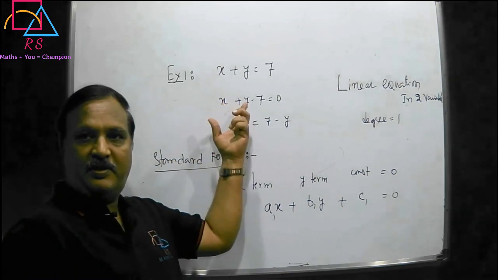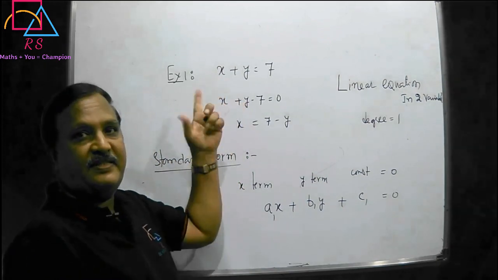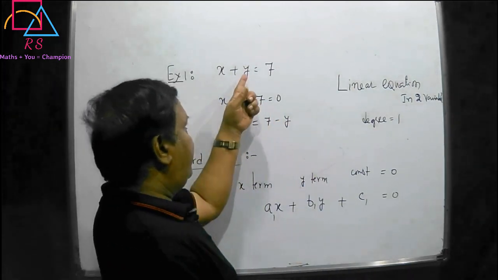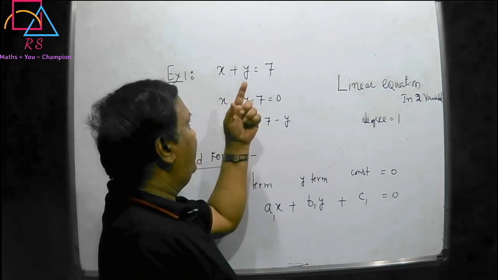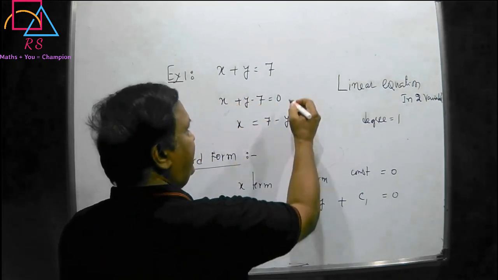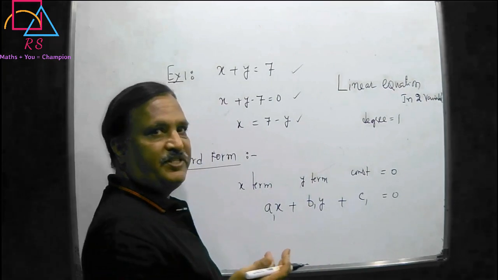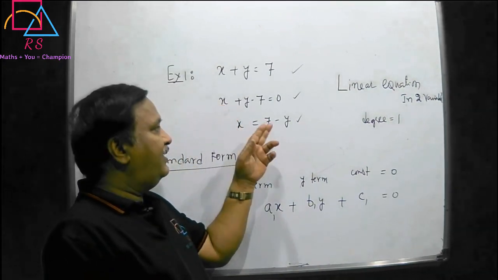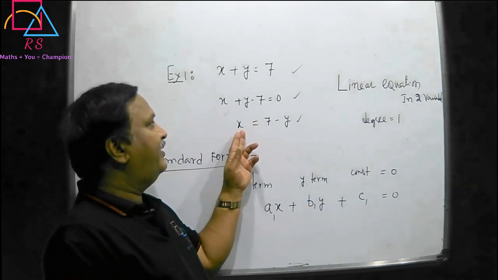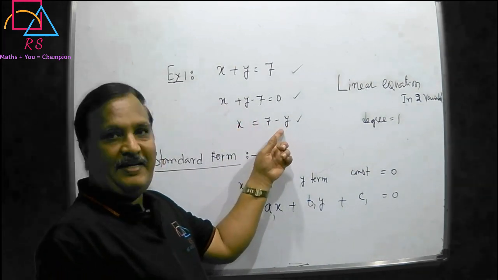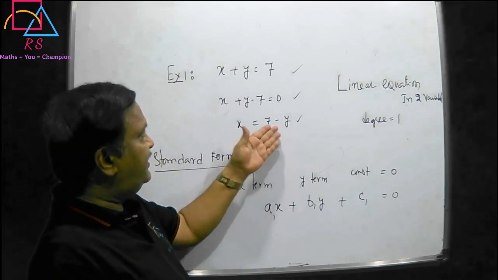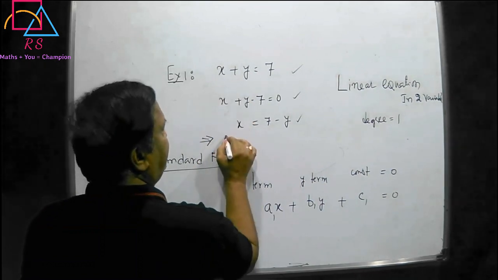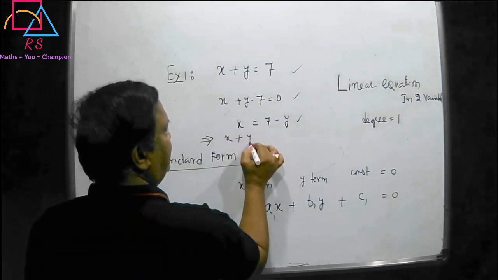In our example, the coefficient of x is not written, so that means it is 1. The coefficient of y is equal to 1, and there is a constant. Let us write this in the standard form: x first term, y second term.